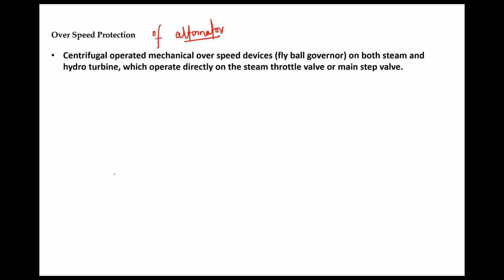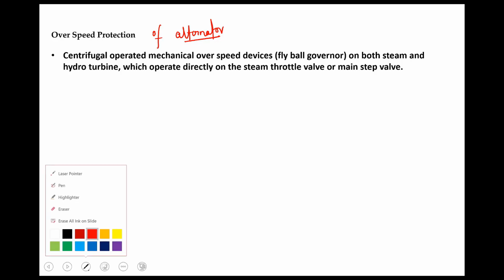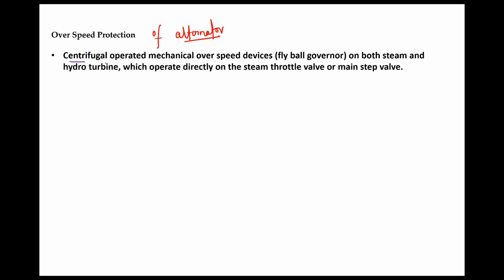Centrifugal operated mechanical overspeed devices like flyball governor are connected on the turbine side, for both steam turbines and hydro turbines, which directly operate on the throttle valve. Throttle valve means the steam control valve of the turbine.